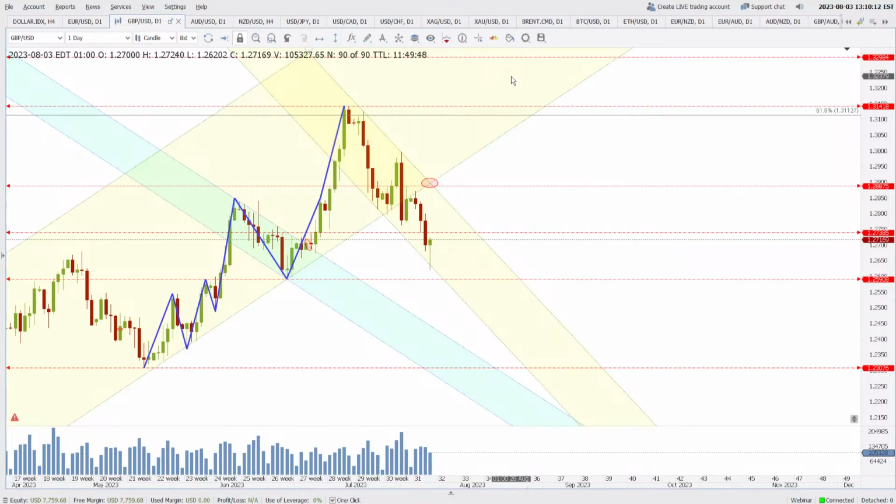But right now I'm not very happy to buy this market. The reason being that it is very close to the previous low from two days back, and also this was a crucial level in the past. So 1.2738 I'm expecting to act as a resistance, so I don't want to buy this market close to the resistance.